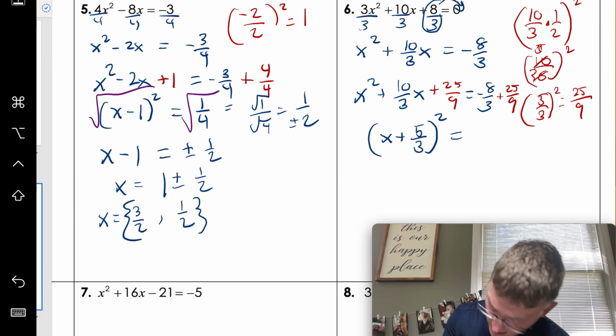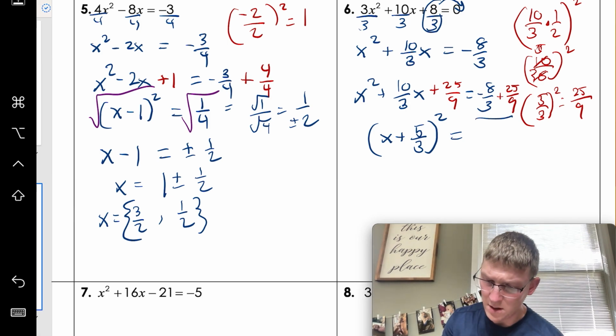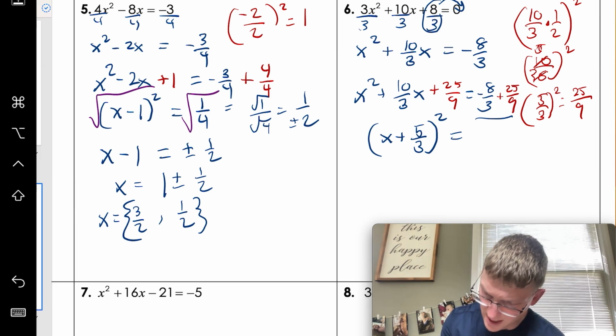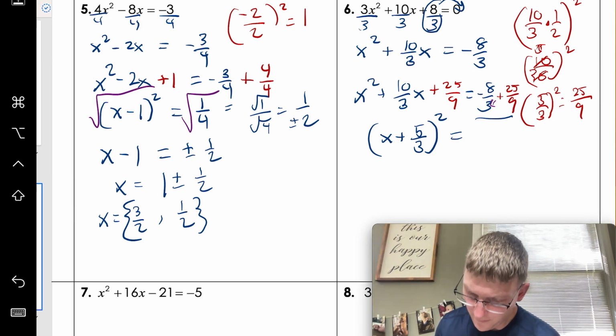squared equals, so now we need to add these two together. If I were to do that, I would have to change this fraction to over 9. So 8 times 3. So I'm going to multiply by a fancy version of 1.